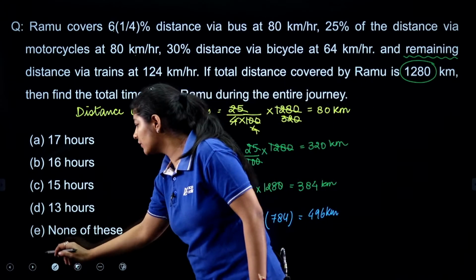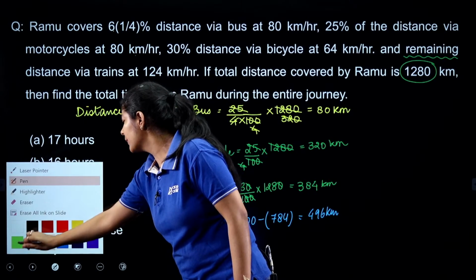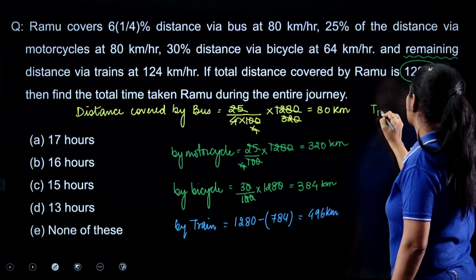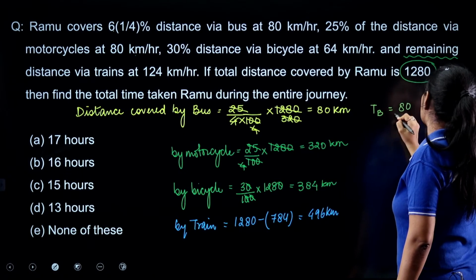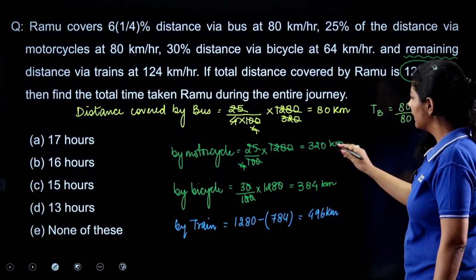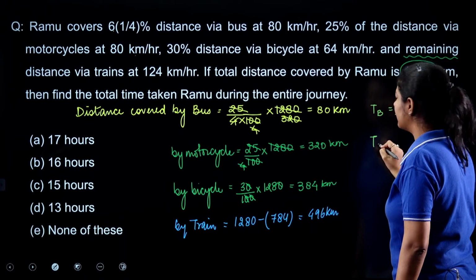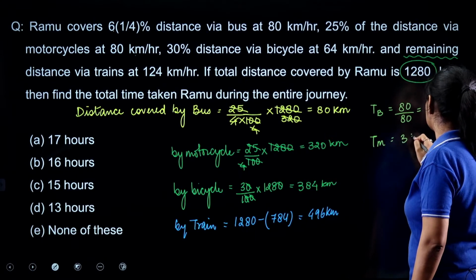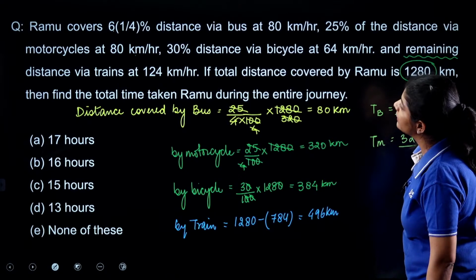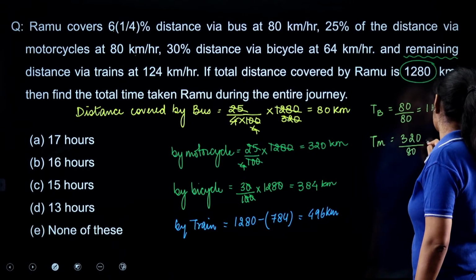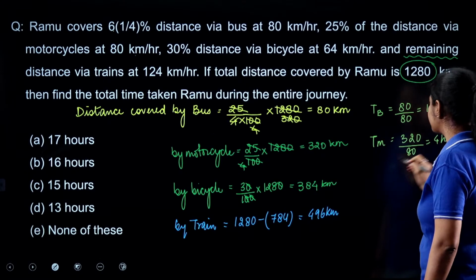Now as we need to calculate the time, the time taken by bus: the distance is 80 kilometers and the speed is 80 kilometers per hour, so 1 hour. Time taken by motorcycle: the distance is 320 and the speed is 80, that means 4 hours.